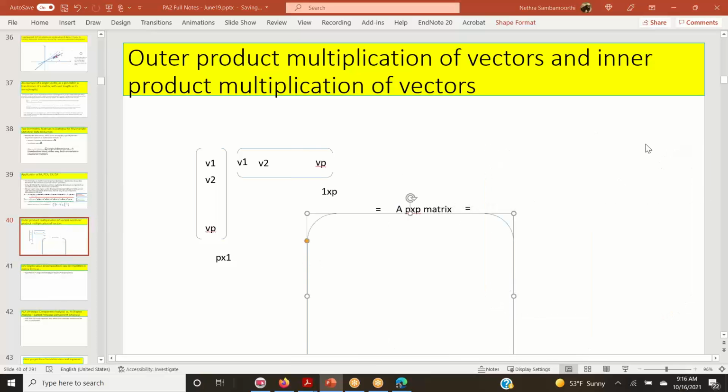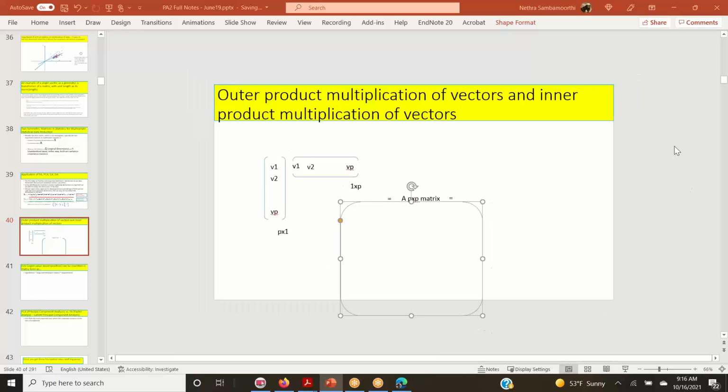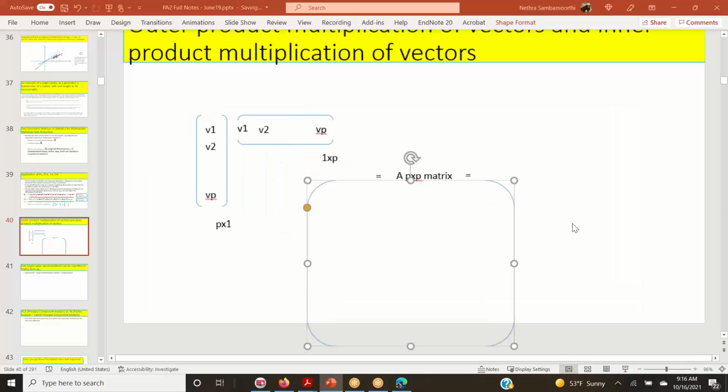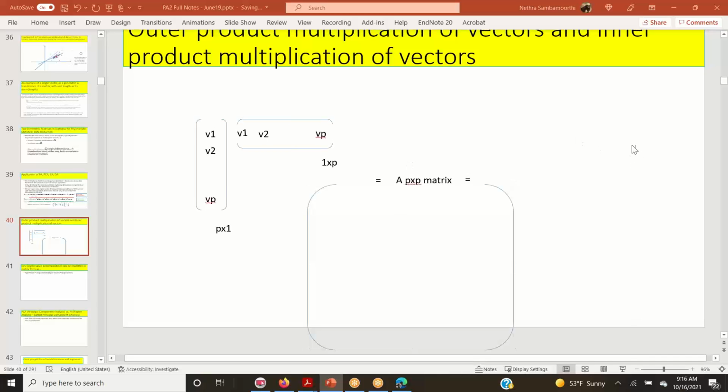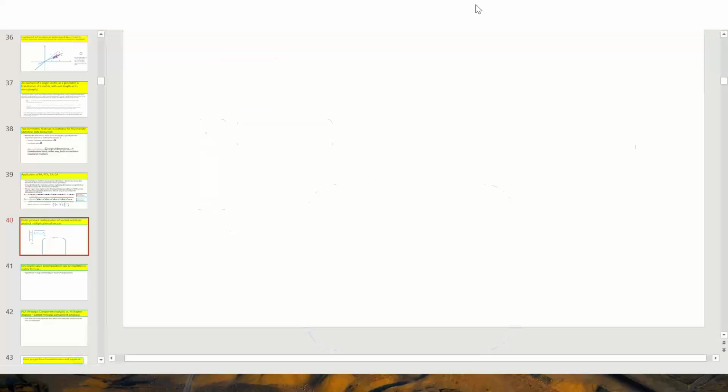One moment. I don't know what this one is. I really don't know what is hanging here. Okay, so let me save and open it. I'm not even able to touch it. Do you see what I'm talking about?